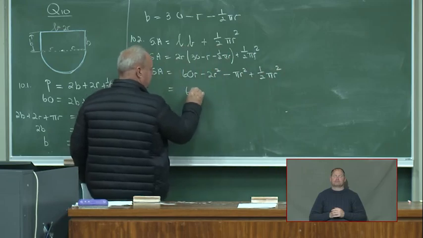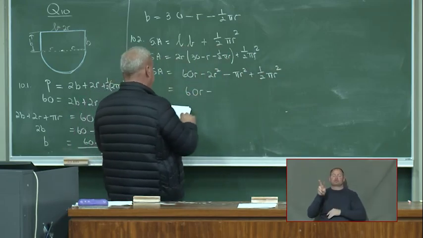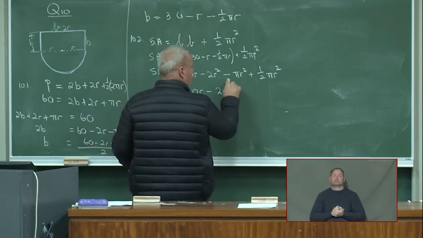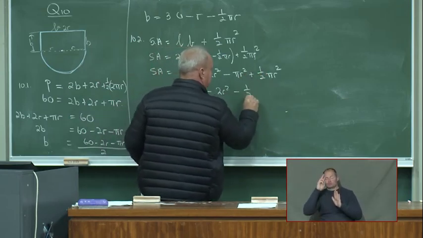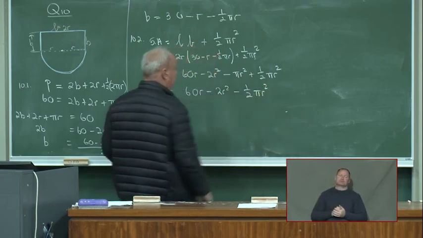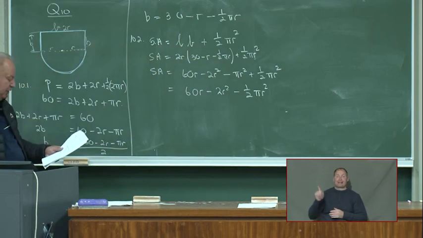So that is 60r minus 2r squared, and negative 1 pi r squared plus a half pi r squared is negative a half pi radius squared. Do you agree with that? So that is the formula for the surface area.